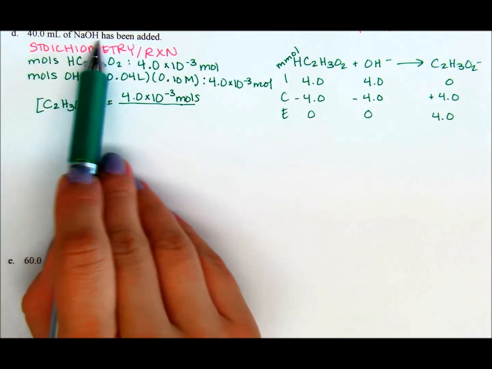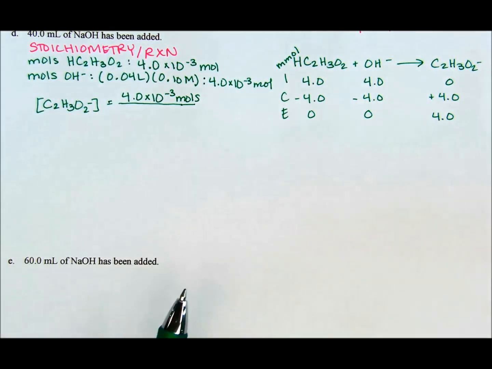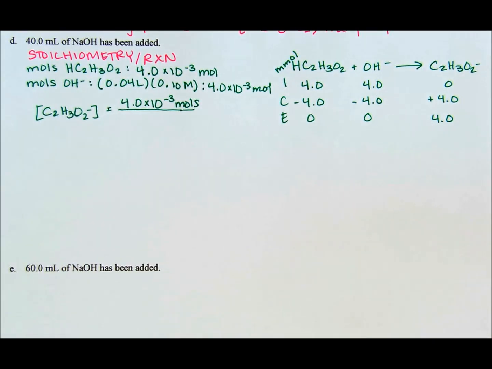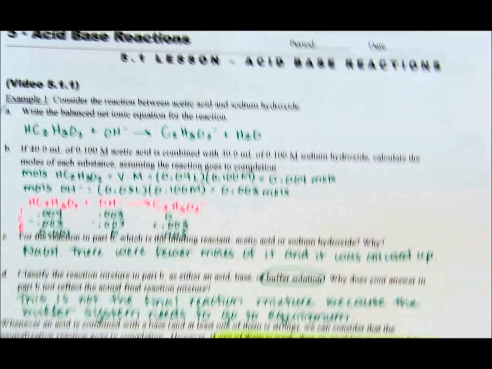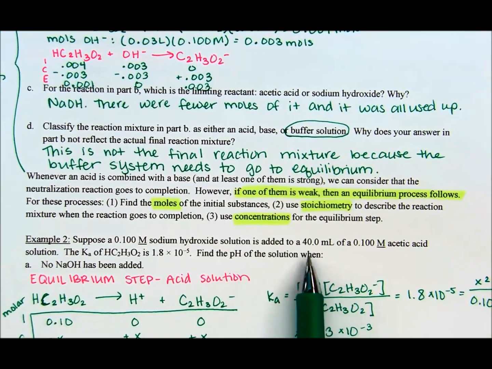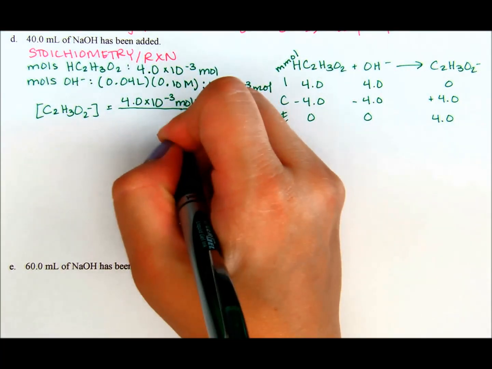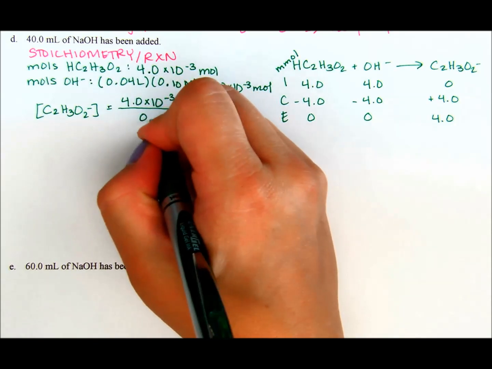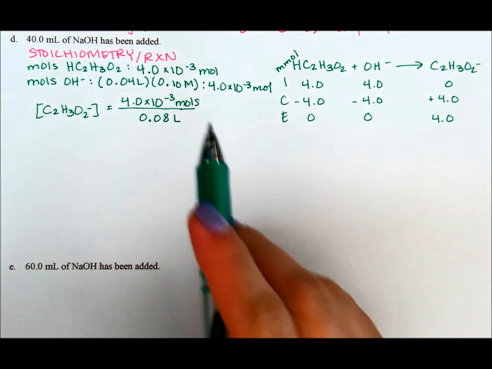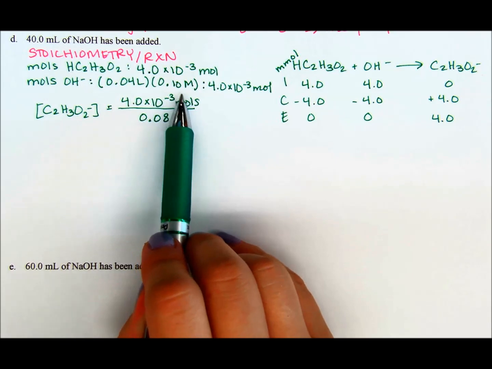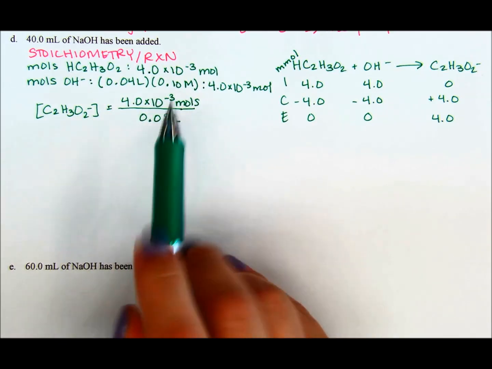So that means you have 40 milliliters of sodium hydroxide that you've added already. And then at the very beginning, if we look at our beginning of the problem, it says that we started with 40 milliliters of acetic acid. So 40 plus 40 is 80. So we have 80 milliliters. And this needs to be in moles per liter, so we need to go ahead and put this in liters, 0.08 liters.